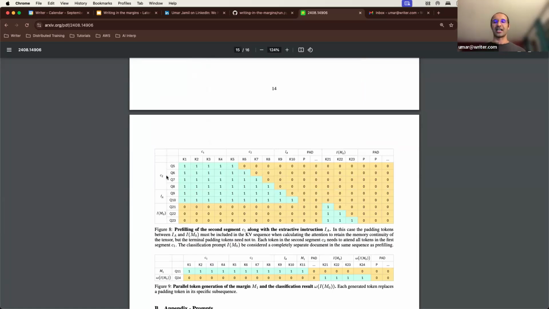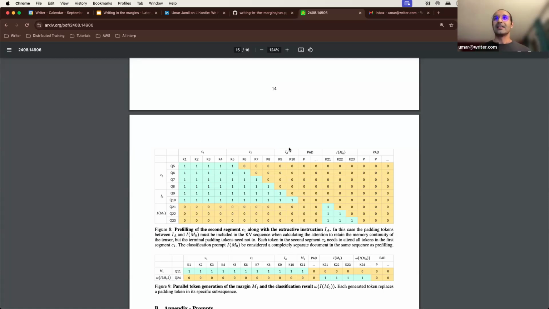So the second chunk needs to attend to all its tokens in a causal way. So each token in the second chunk needs to attend to only itself and all the previous tokens in the same chunk, but also needs to attend to all the past tokens of the first chunk that was already prefilled. And we also need to prefill the instructive summary prompt, which can visualize all the past tokens that it has seen.